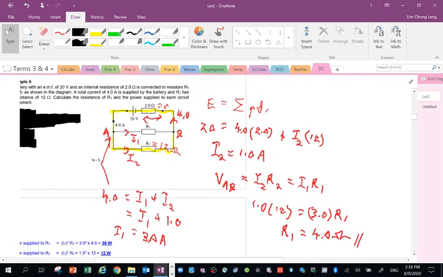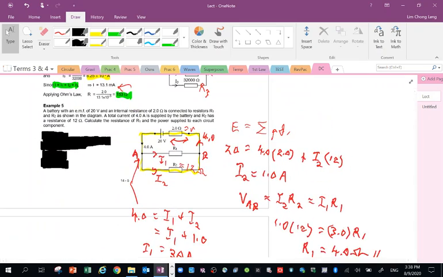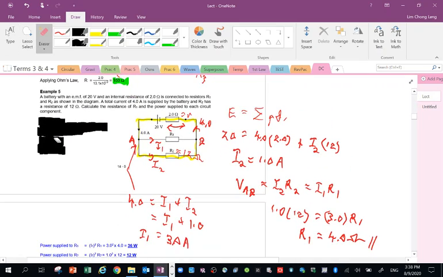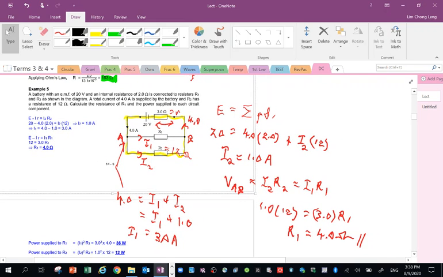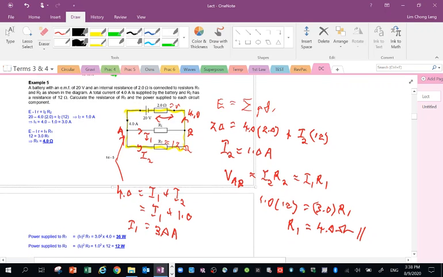So you may want to take a snapshot. I'm going to erase this simple solution here. Actually, I expand the solution to make it clearer. So how do you find the power supplied to each resistor?